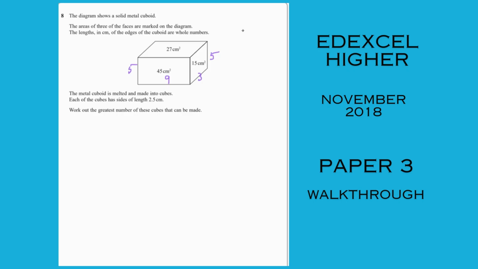So if it gets melted down, how many cubes can we make? Well, total volume of the big cuboid is all that. And volume of the little cuboid is that. Your calc says 8.64. 0.64 is not a cube, so it has to be rounded down to 8.